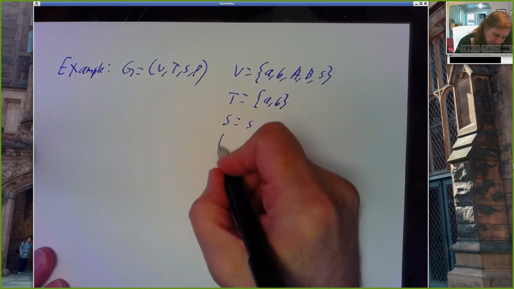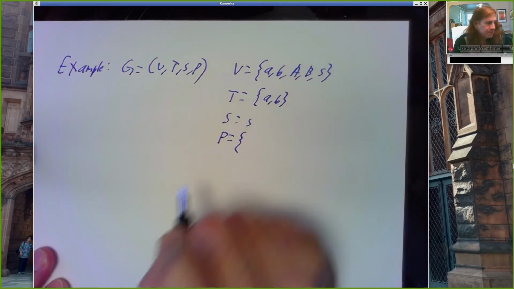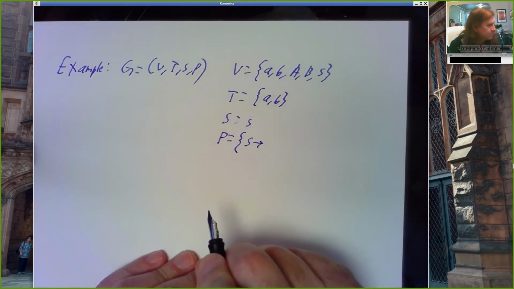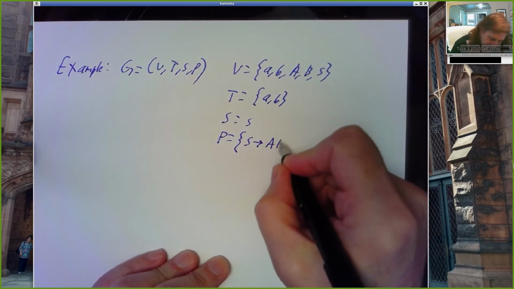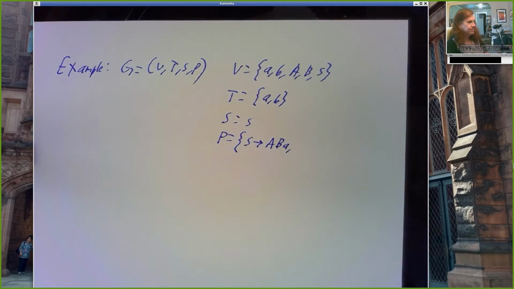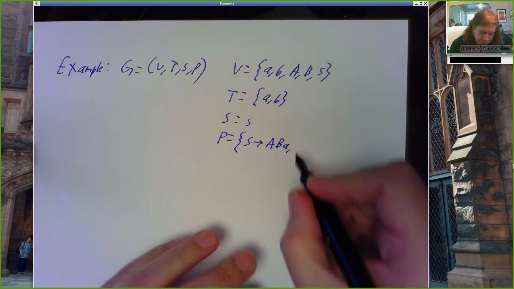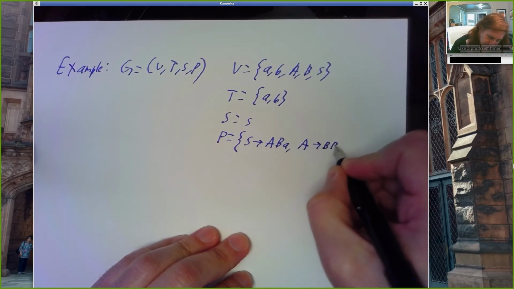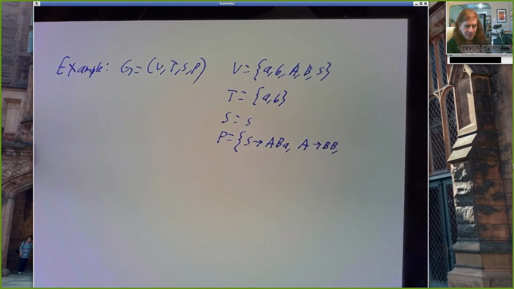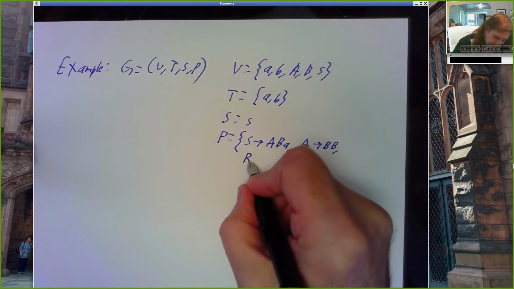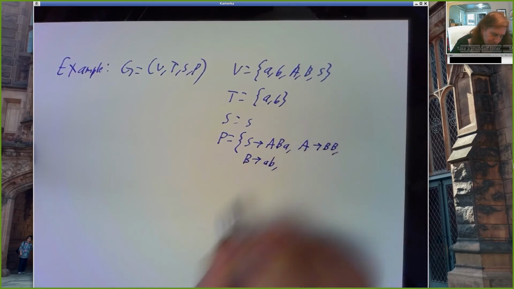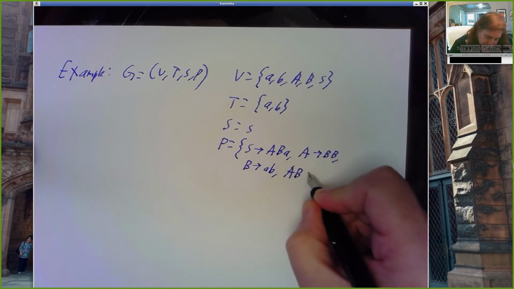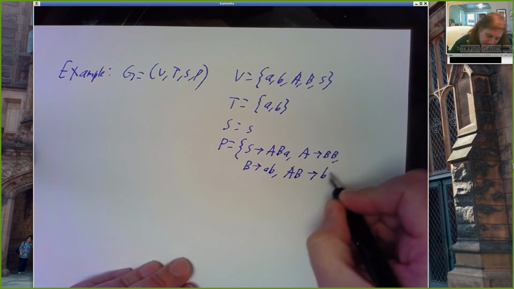And our production rules in this example are the following. S can be replaced with A followed by B followed by little a. A can be replaced with two uppercase B's. Uppercase B can be replaced with little a, little b. And uppercase A followed by uppercase B can be replaced by lowercase b.